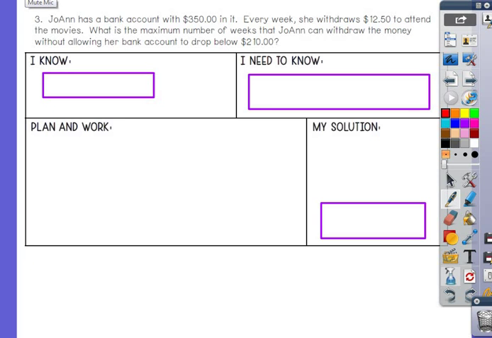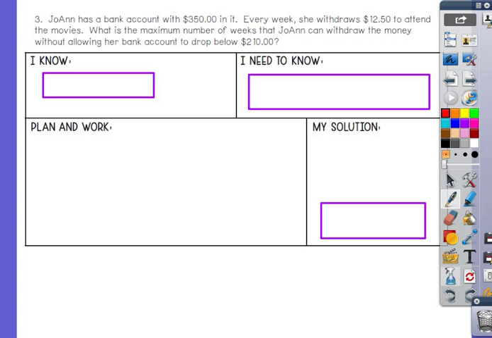All right, I need to try and figure out what number would be happening over and over again in this situation. I saw some people had an x attached to 350. Is she ever going to have 350 in her account over and over again? No. Nope. 12.50, is that happening frequently? Yes. It's happening every week, it says, doesn't it?